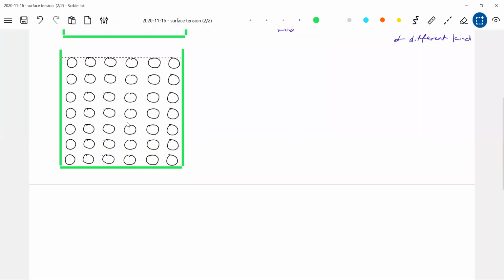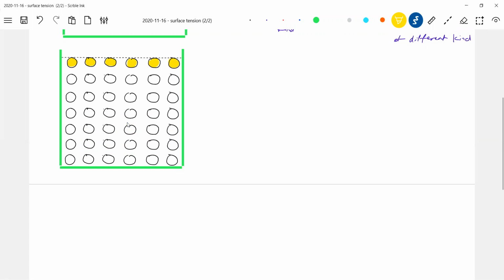Now, what are these? These are the molecules. Later on I'll shade them. Time will not be there, so I'll just show the molecules in yellow color. Let me focus on the molecules which are at the free surface.